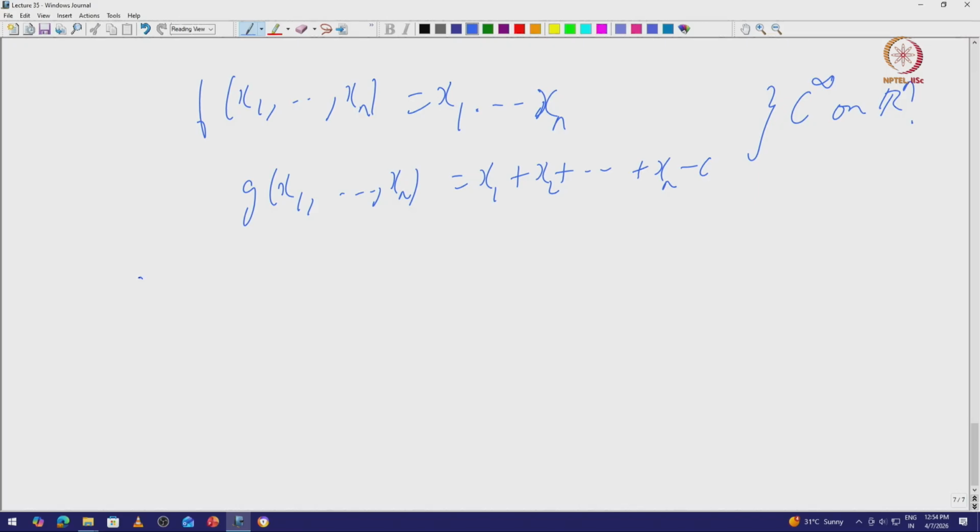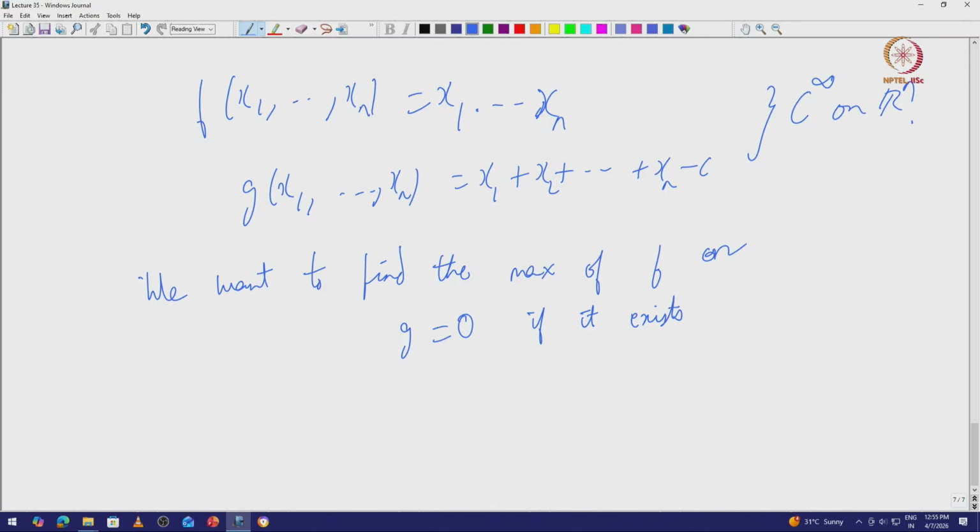We want to find the max of f on the set g equals 0, if it exists, with x1, x2, and so on greater than 0.